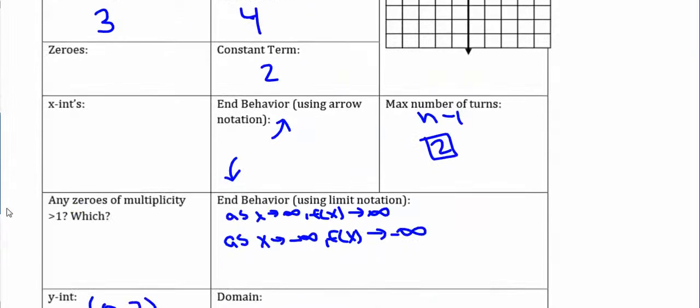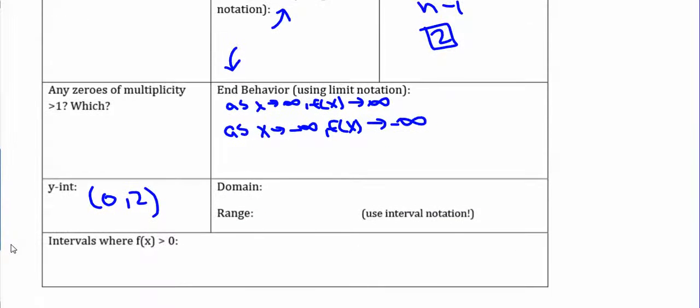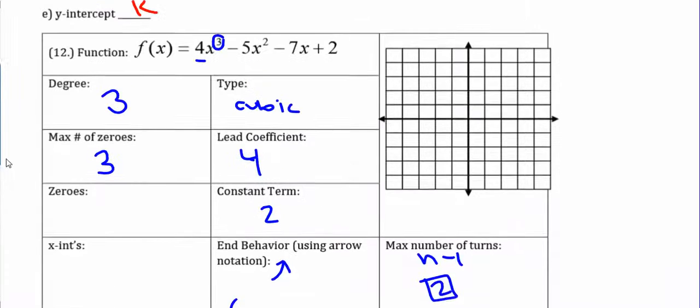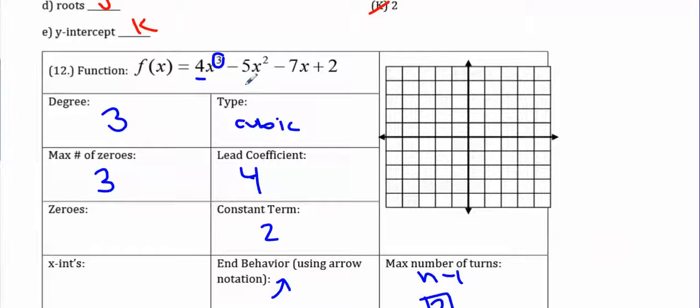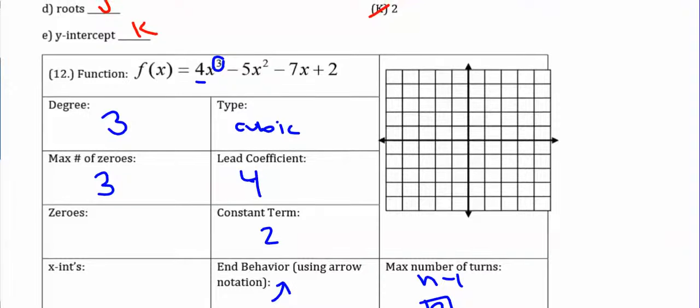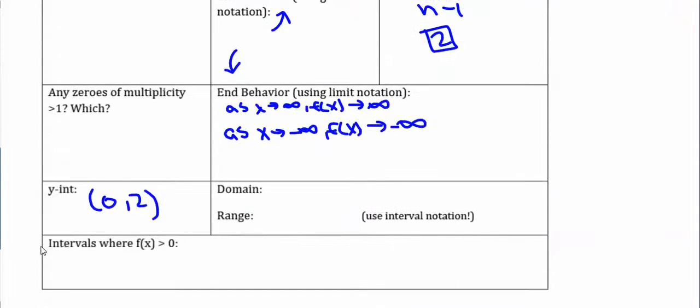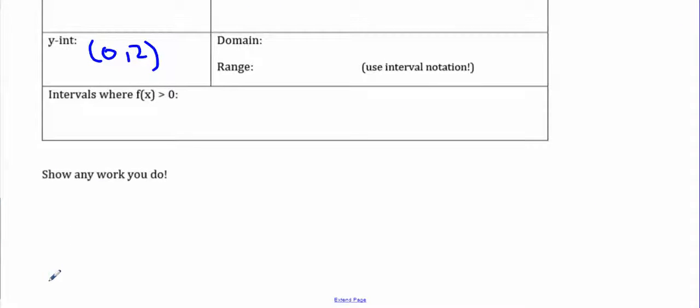All right, so let's see what else we can fill out. Let's go ahead and find some zeros. I can't factor this, so let's find the possible zeros, and then use synthetic division to find what an actual zero is.